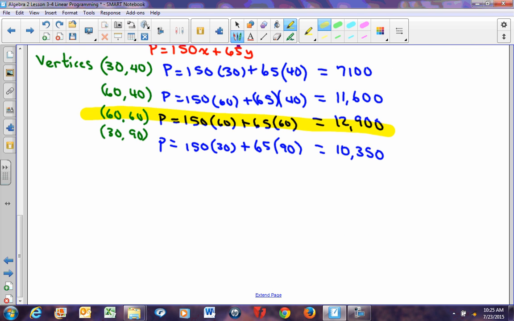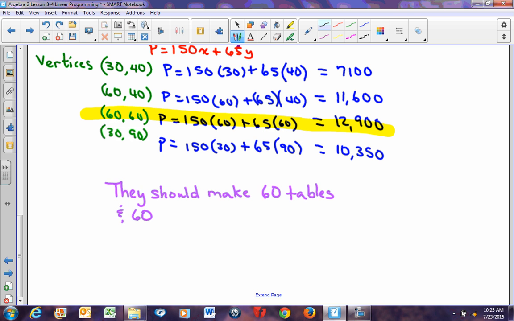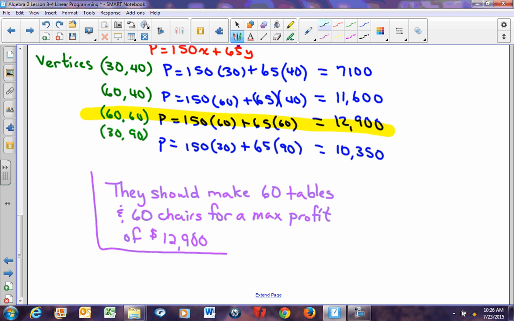Therefore, to make the maximum profit, they should make 60 tables, 60 chairs, for a max profit of $12,900. And that's how you use linear programming with a graph. Find your feasible region to be able to determine your maximum or minimum quantity.